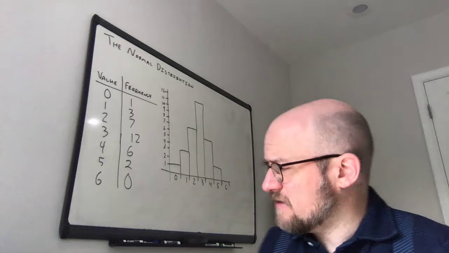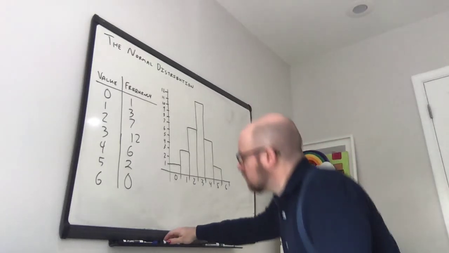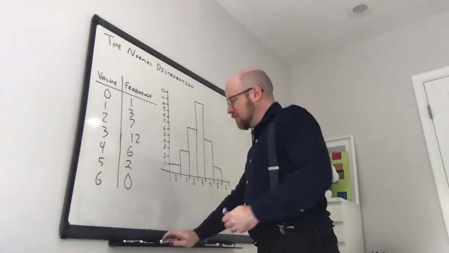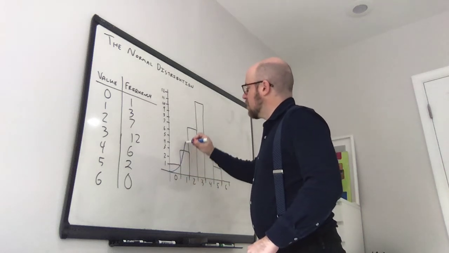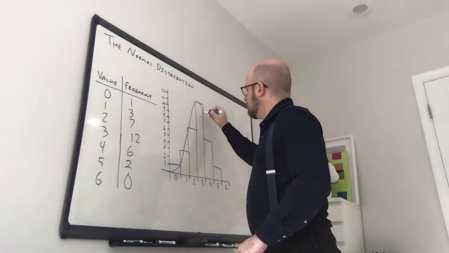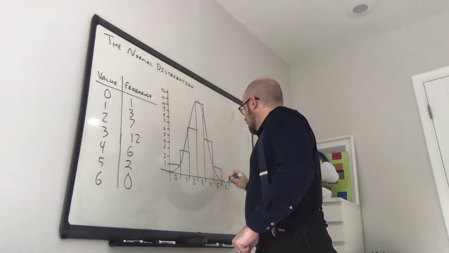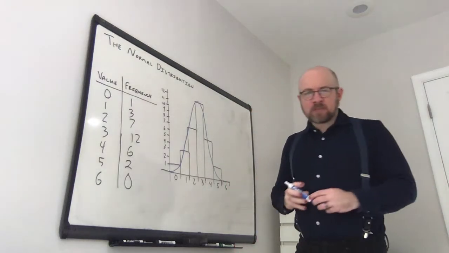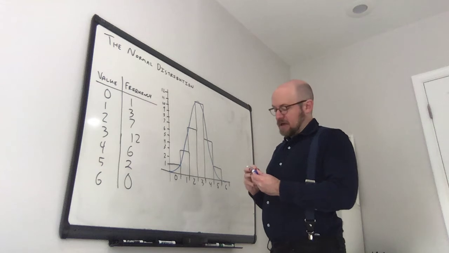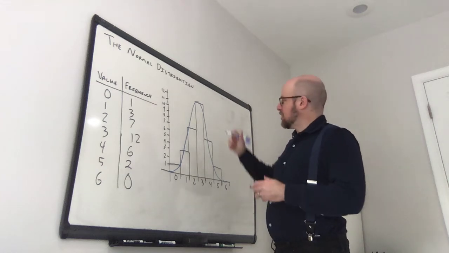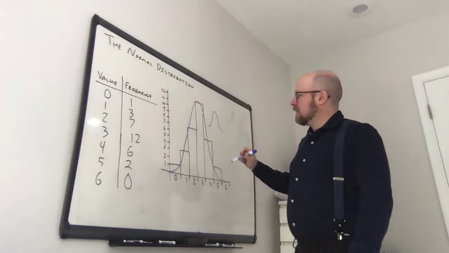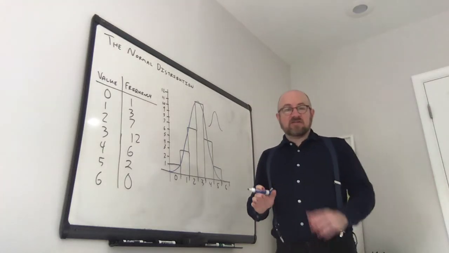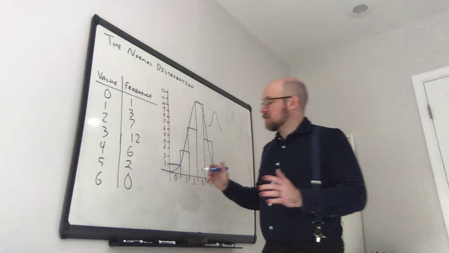We call this a bell curve. It's flattened out, peaks up in the center, and then flattens out again, and you get this bell shape, right? If you think about a classic drawing of a bell, this is data that is normally distributed.